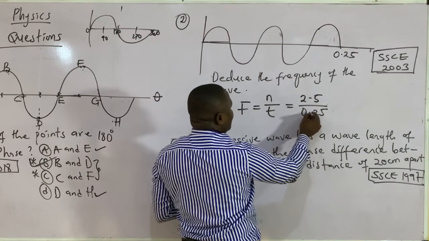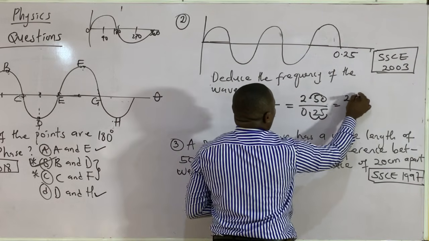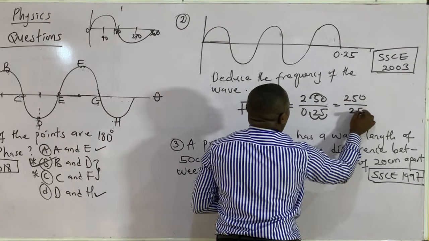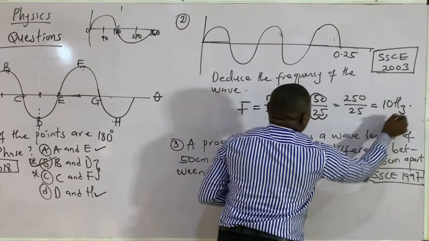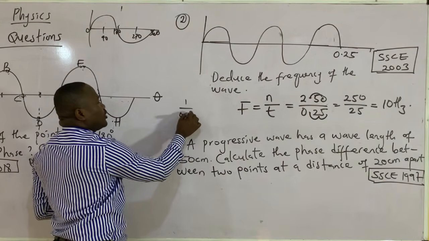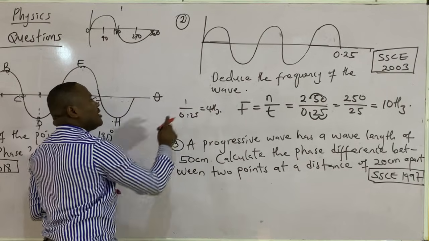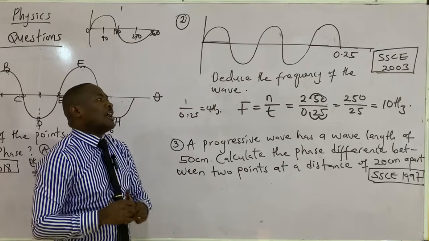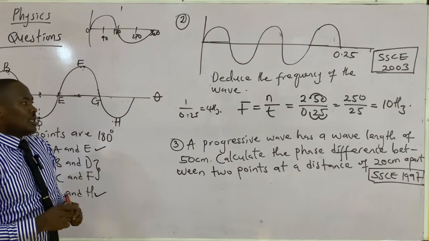So it becomes 250 over 25. The answer to this is 10 hertz. 10 hertz is the right answer and not 1 over 0.25, which would have been just 4 hertz. And mind you, there is a 4 hertz in the options and there is a 10 hertz in the options. But the right answer to this question is 10 hertz.